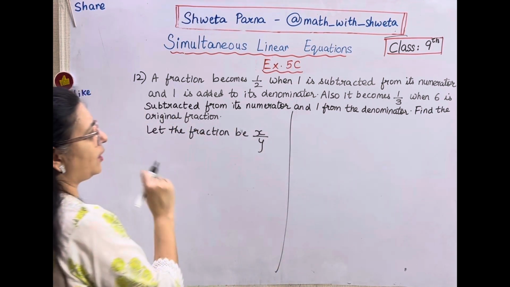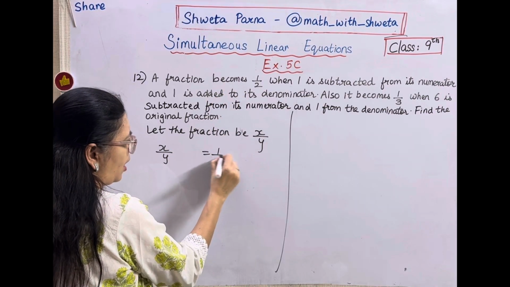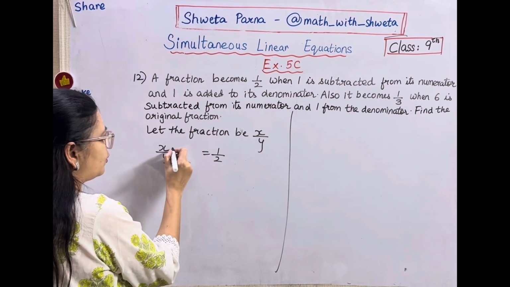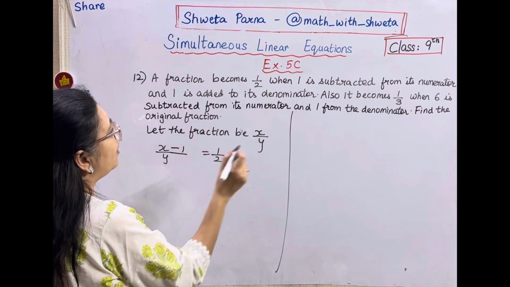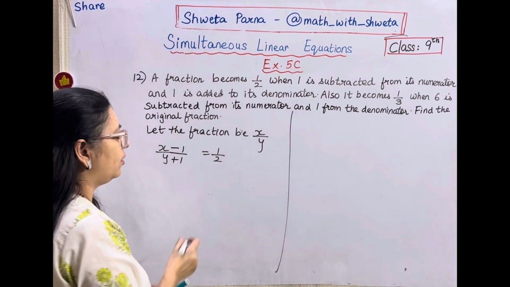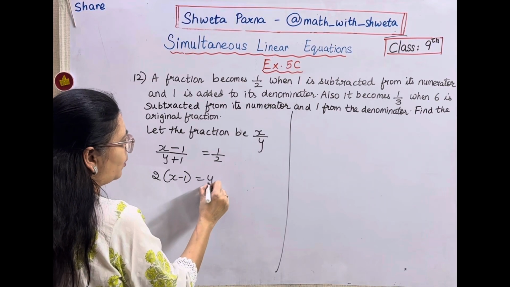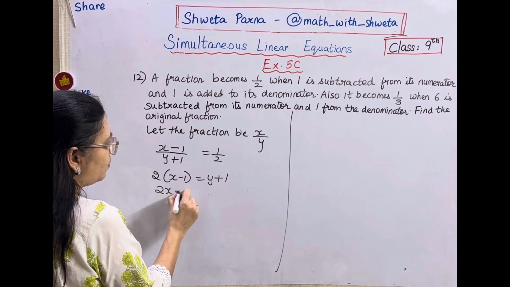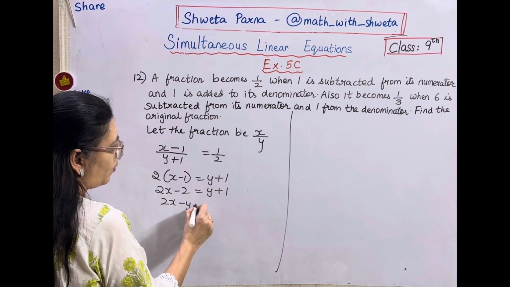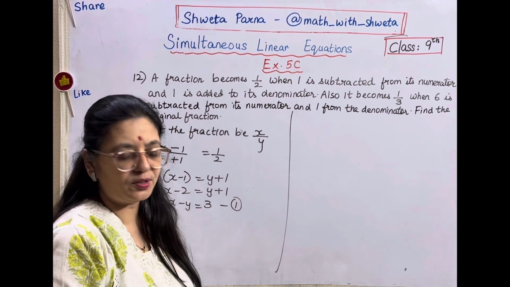Now what is the condition? x upon y will become half when 1 is subtracted from the numerator, and 1 is added to the denominator. Now let's cross multiply. 2 into x minus 1 is equal to y plus 1. 2x minus 2 is equal to y plus 1. 2x minus y is equal to 1 plus 2, which is 3. This is your first equation.